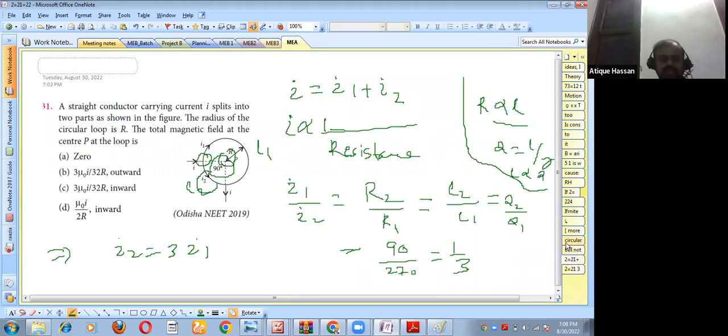Now our task is easy. If you see the magnetic field due to these portions, it will be 0. These will not contribute to any magnetic field since they are intersecting at the center, on a straight line.